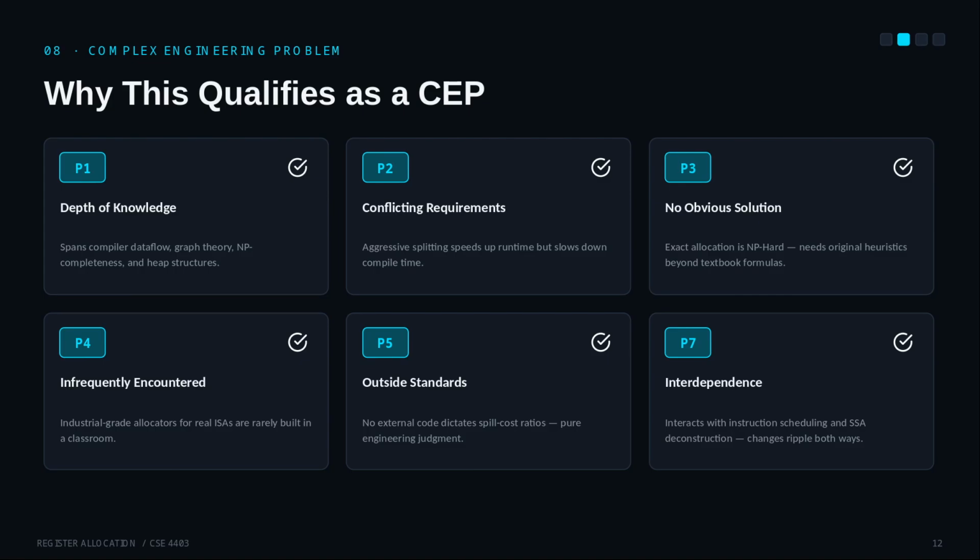It's infrequently encountered; people don't usually build this stuff. It's outside standard: no external code dictates spill cost ratios. It's pure engineering judgment. In interdependence, it interacts with instruction scheduling and SSA deconstruction, and changes ripple both ways.